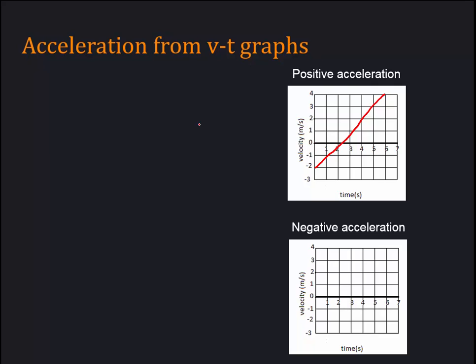Between the times 0 and 2 seconds, this thing is actually slowing down. It's also moving towards the reference point. But from 2 to 6 seconds, it's speeding up, moving away.